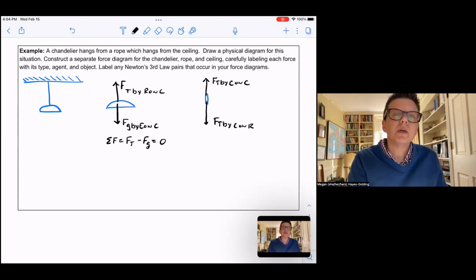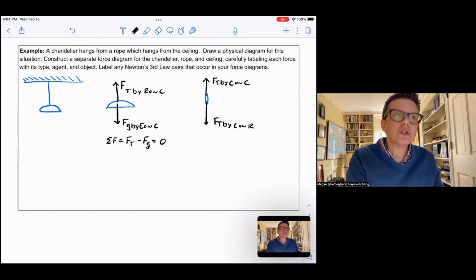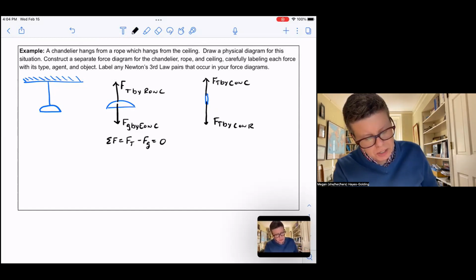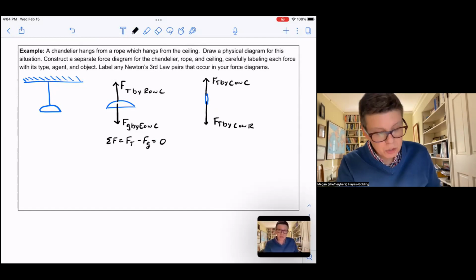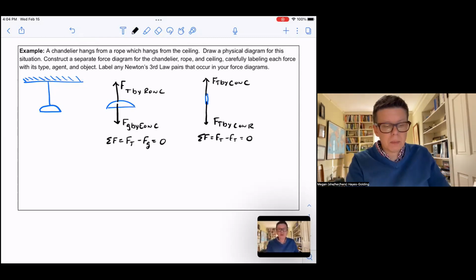Ceiling on rope. And fun little silly thing about physics is we often assume that ropes have no mass of their own. So I'm just going to leave this situation like this, and I'm going to assume again that it's all at rest. So everything balances out.